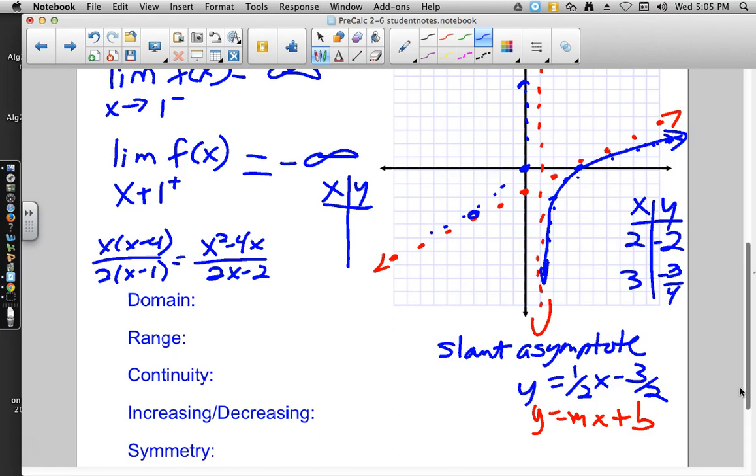So we'd want a couple other numbers on there. Let's see, maybe I'd just pick negative 2. And again, you can put that back into either one of these two, but you're going to get negative 2. So negative 2, negative 2. And then I know that it's going to approach that asymptote, so really I wouldn't even need another point.